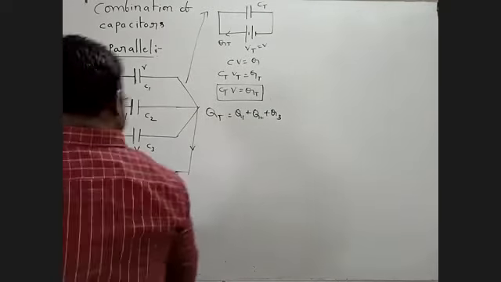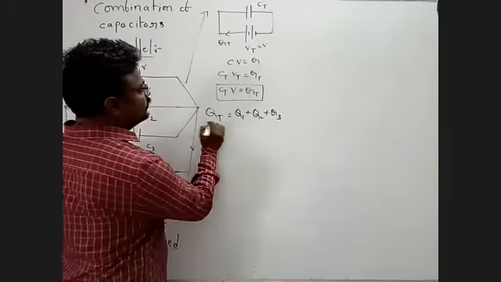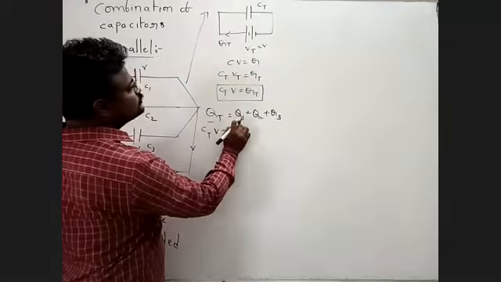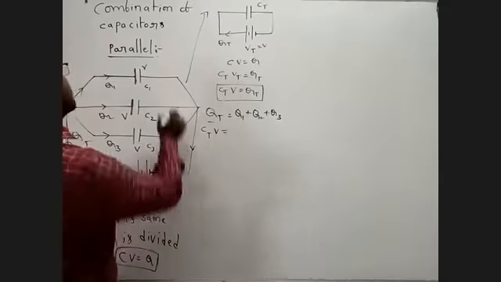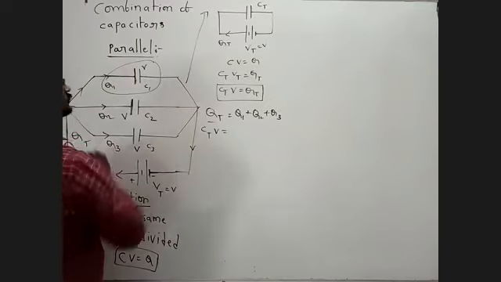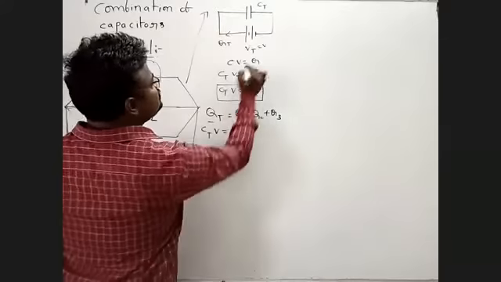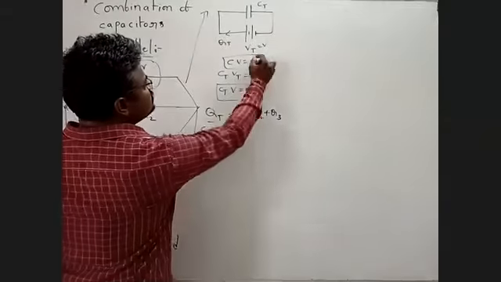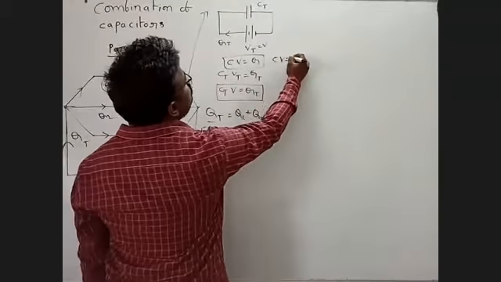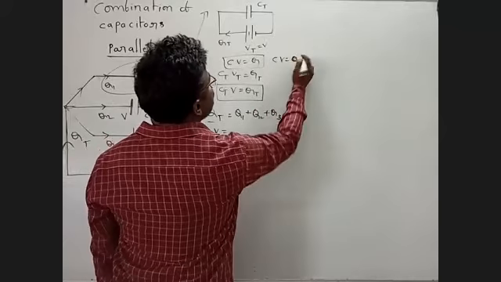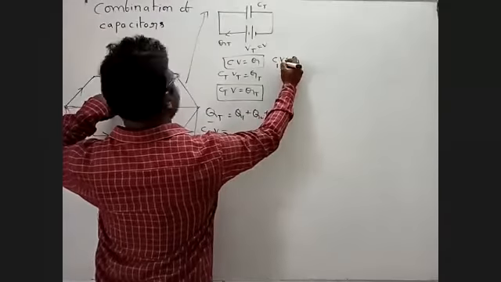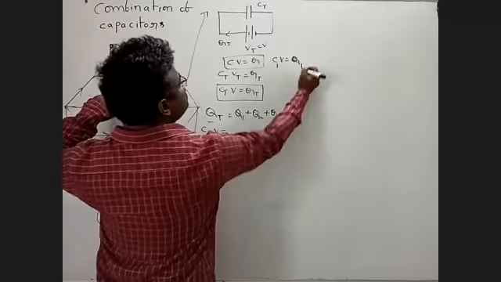Q total is equal to C total V total. What is Q1? The general formula is Q equals CV, so Q1 is C1 V, with V being the total voltage.